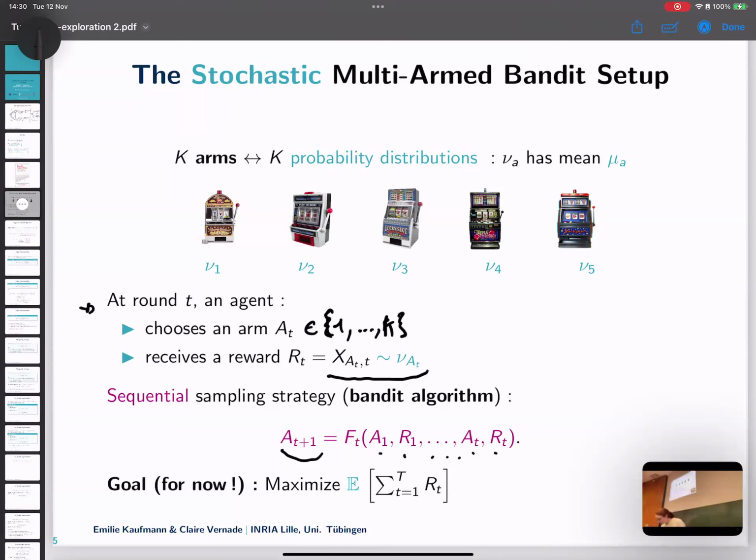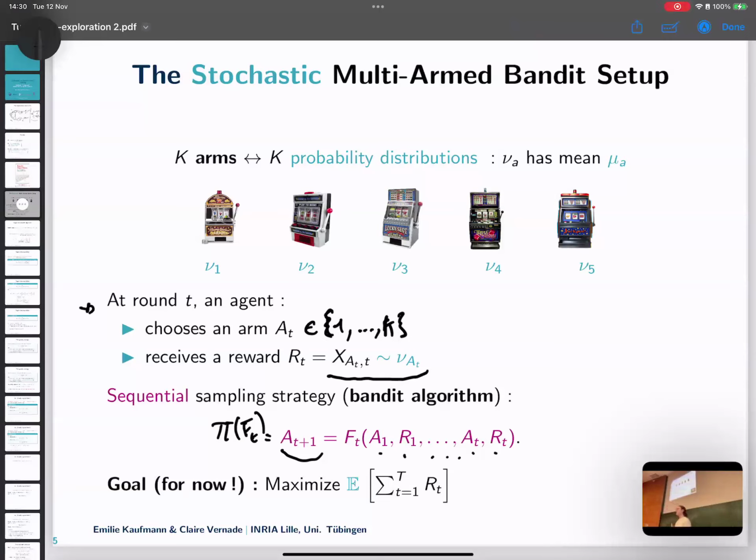I can call this pi of the history h_t, the policy of my agent at time t, given the history. And my goal is to build a policy, an algorithm, to maximize the expected sum of the rewards.